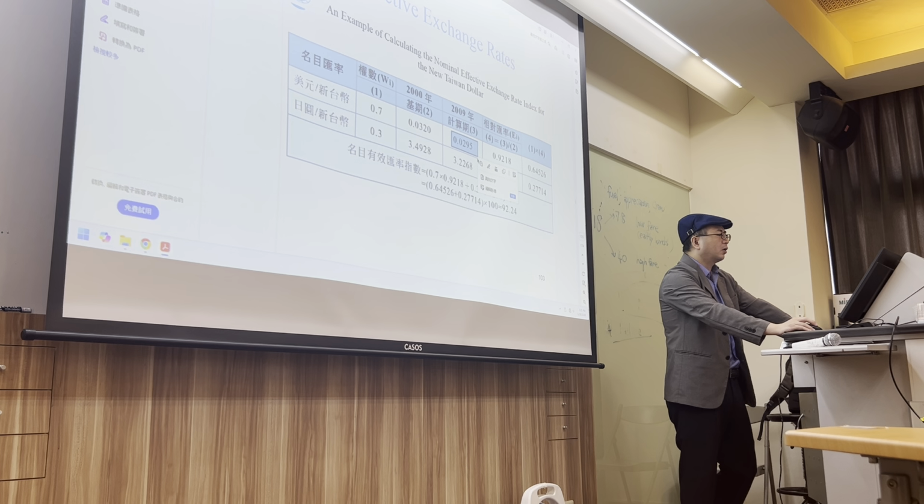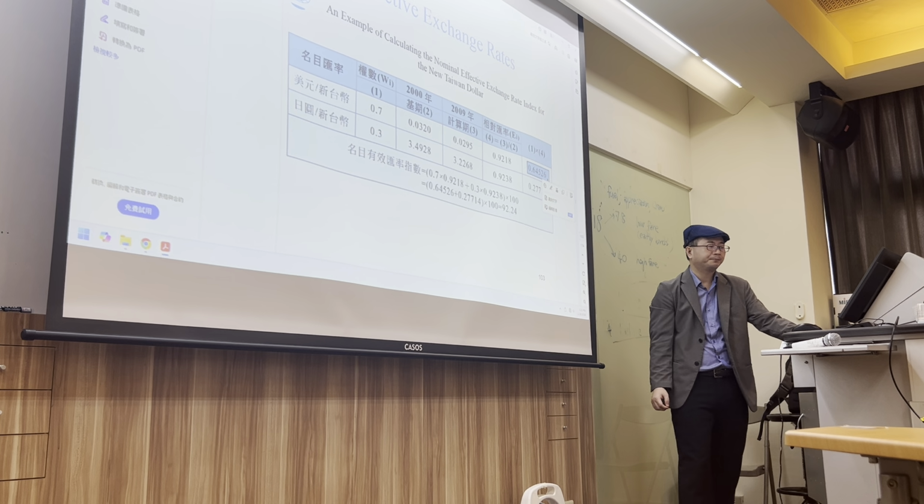So what we need to do next is to find the relative exchange rate, when we divide the 2009 number by the 2000 number. Then we get 0.9218. And because the U.S. only accounts for 70%, we have to multiply by 0.7 to arrive at this figure.